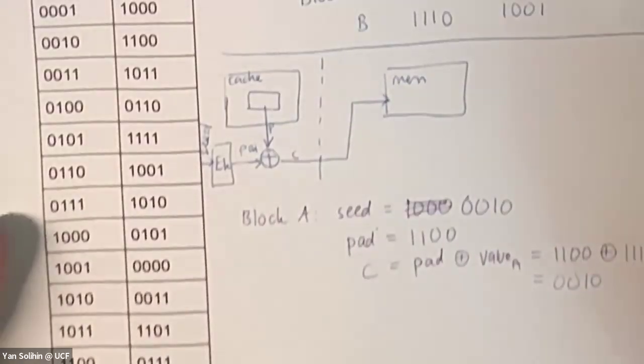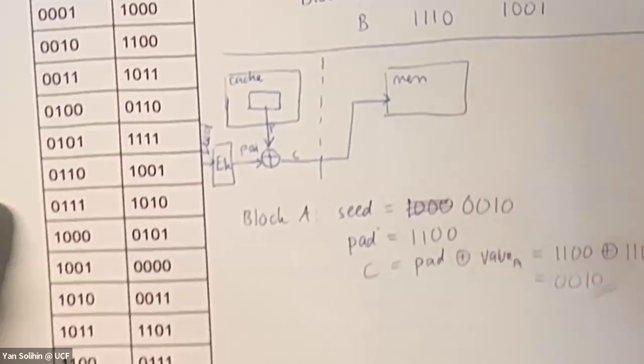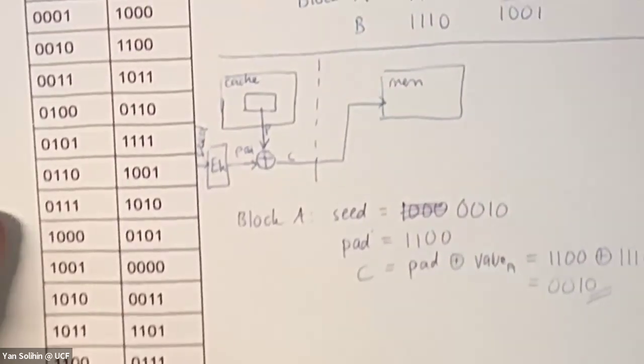So this is the value of block A that will be written back to memory.